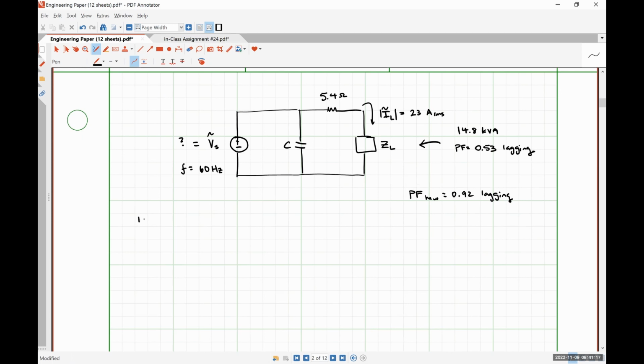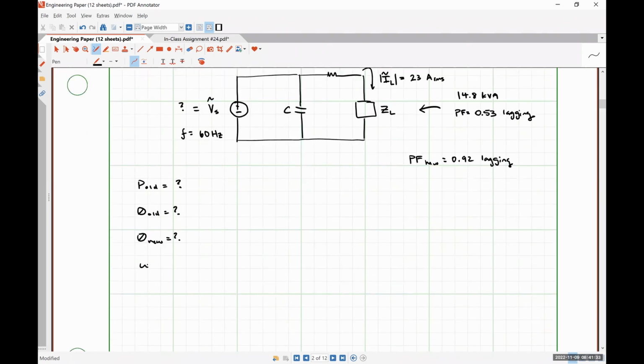We're going to need P old, theta old, theta nu, omega, and the magnitude of the voltage drop across the capacitor.